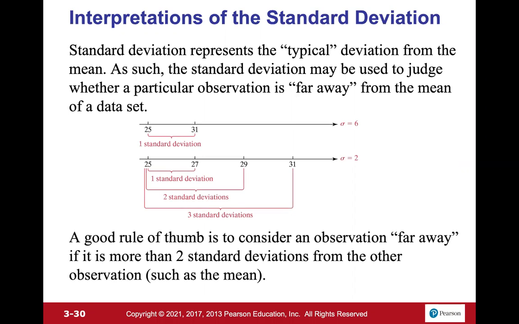A good rule of thumb is to consider the observation far away if it's more than 2 standard deviations from the mean. So the mean, remember, is going to be the middle of our data set. It's what a typical value in that data set looks like. If we look at anything more than 2 standard deviations away from the mean, it's not going to be a common occurrence there.